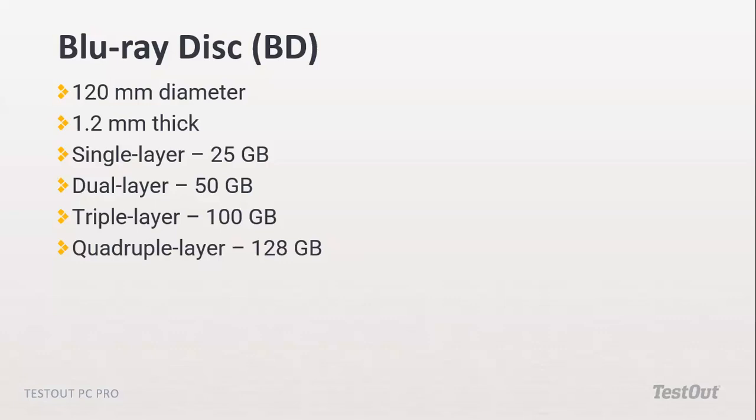I was comparing with the CD that has 747 megabytes. Yes. So the quadruple layer Blu-ray disc is 175 times more than a regular CD. You have to have that in mind.